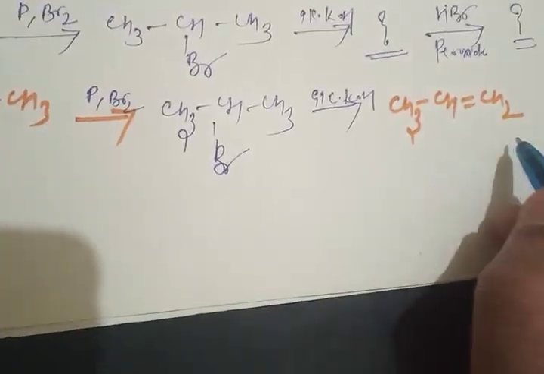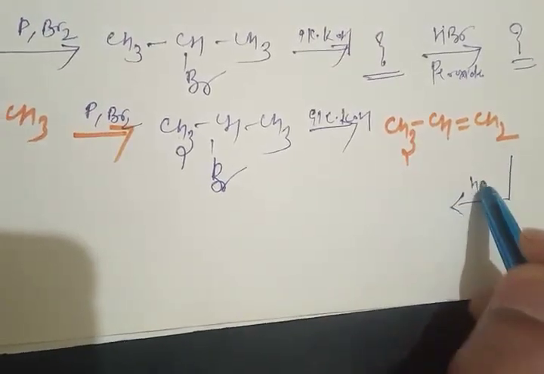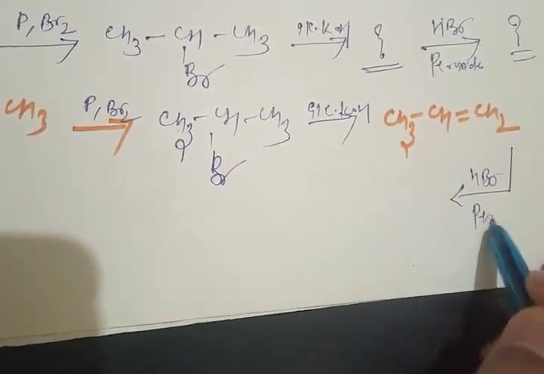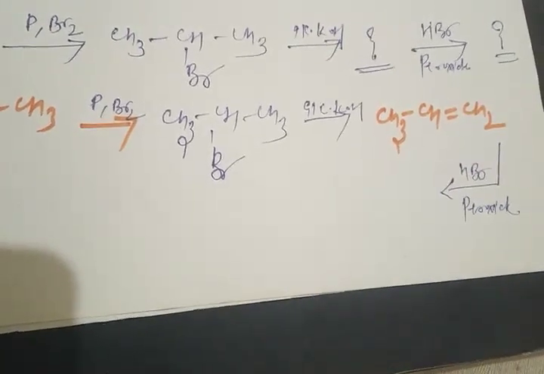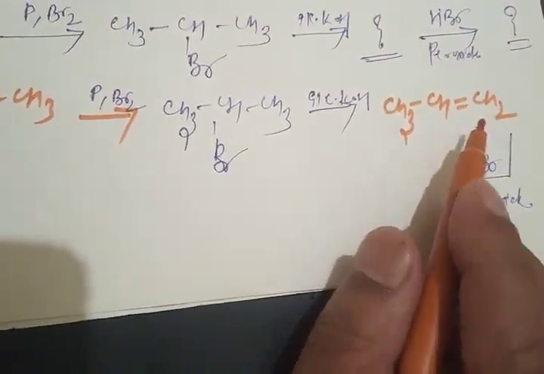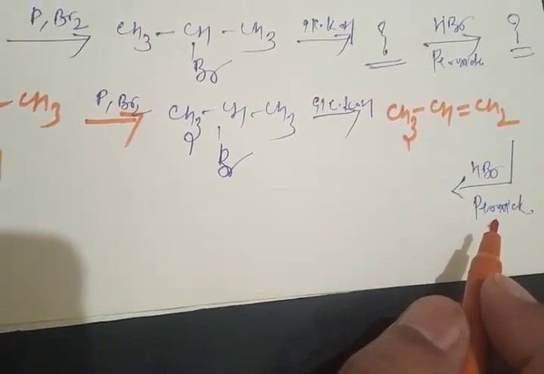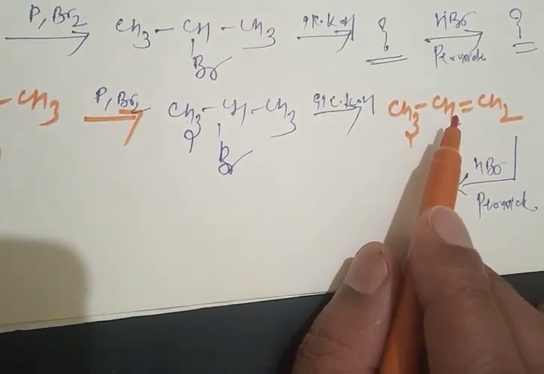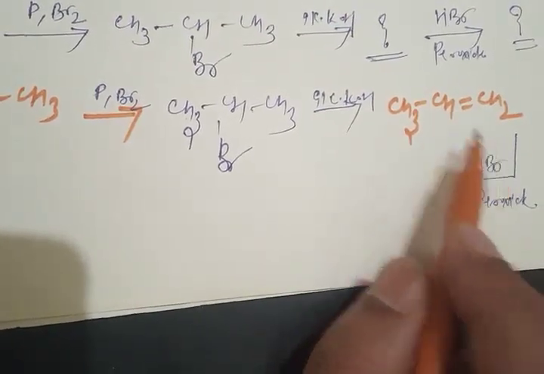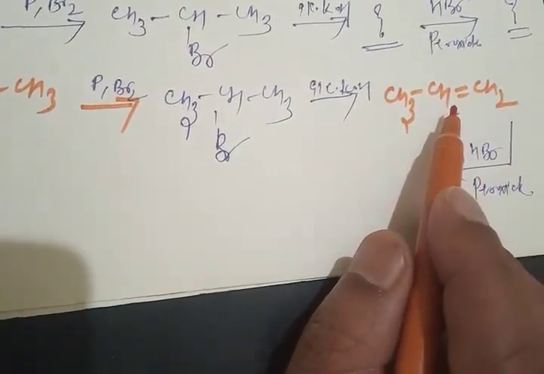And then the next is HBr with peroxide. If you see this peroxide, this is the addition. HBr is added to this double bond alkene. But peroxide gives the opposite, anti-Markovnikov. That means if HBr is added according to Markovnikov, the negative side goes to this side and the positive side goes to this side, the negative side going to the carbon with the least number of hydrogens.